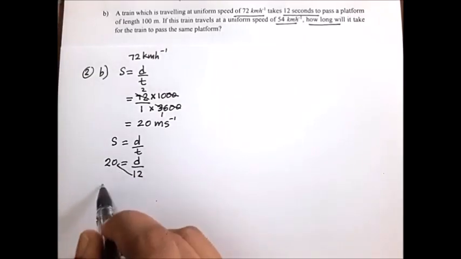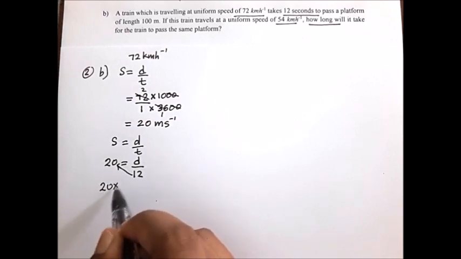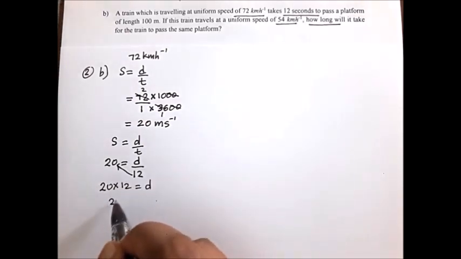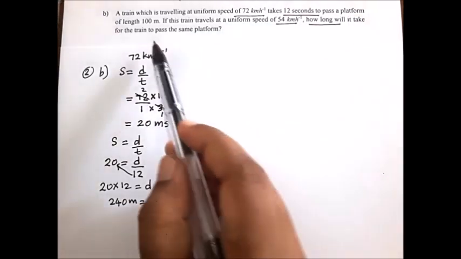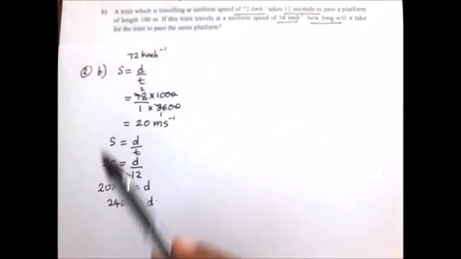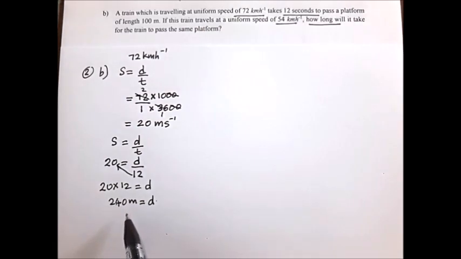Now cross multiply. 20 multiplied by 12, 240 meters. Here the length of the platform is 100 meters, but the train travels 240 meters.